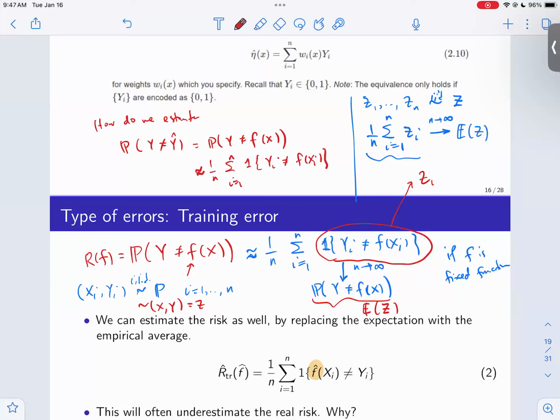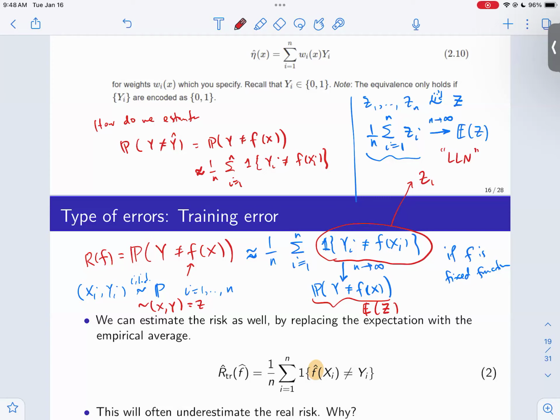Okay, so the training error for a fixed function converges to the true risk, the probability of error. This is just a fact from the law of large numbers. If you forgot, just review the law of large numbers, and this would be sort of obvious.